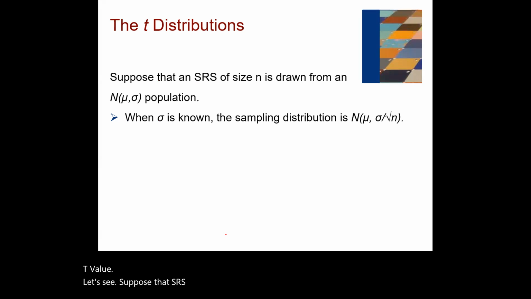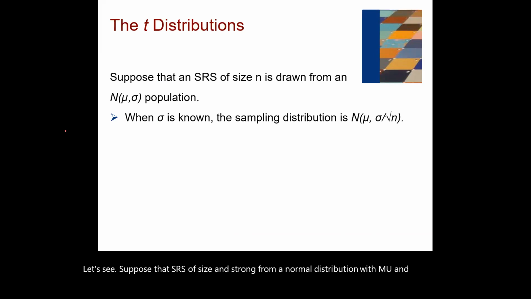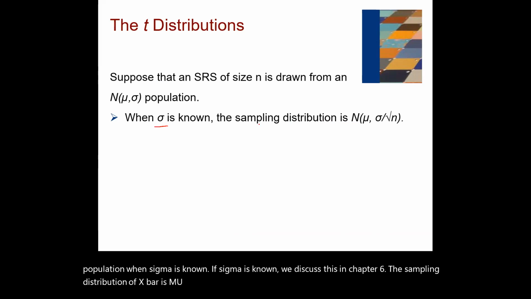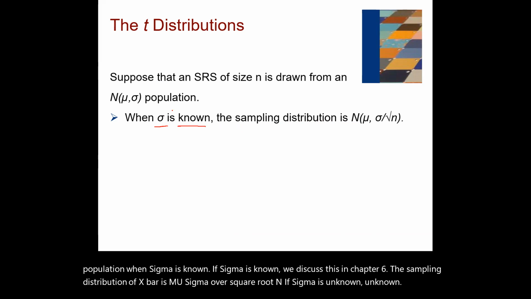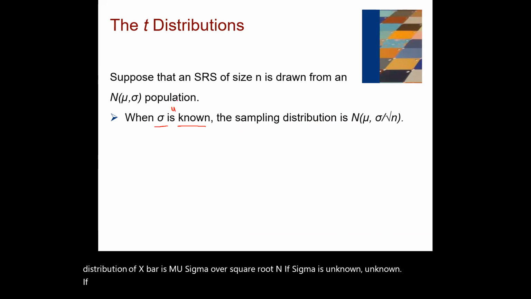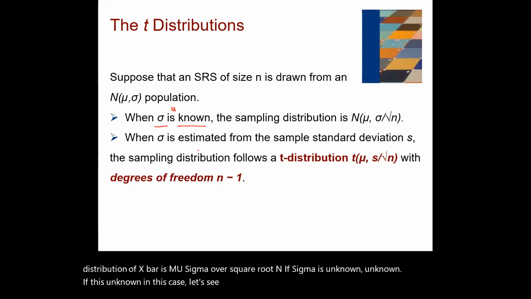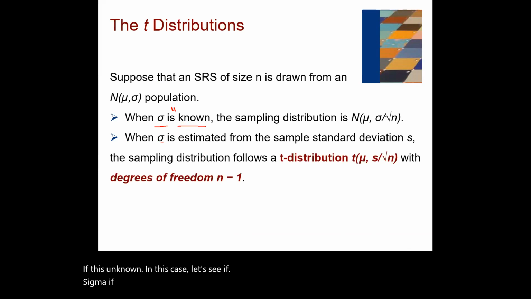Suppose that an SRS of size n is drawn from a normal distribution with population mean mu and sigma. If sigma is known, as we discussed in chapter 6, the sampling distribution of x bar is mu, sigma over square root n. If sigma is unknown, instead of using sigma, we use S, and the sampling distribution of x bar is mu, S over square root n.